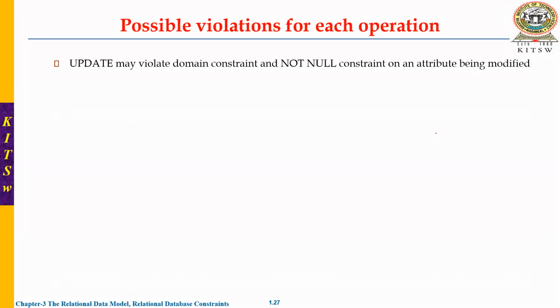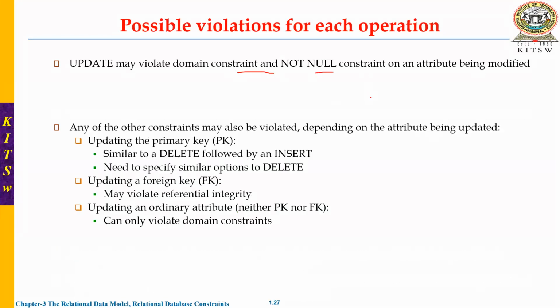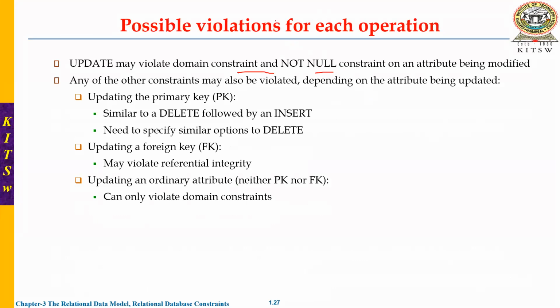Possible violation for each operation. Update may violate domain constraints and not null constraints on an attribute being modified. So any other constraints may also be violated depending on the attribute being updated.